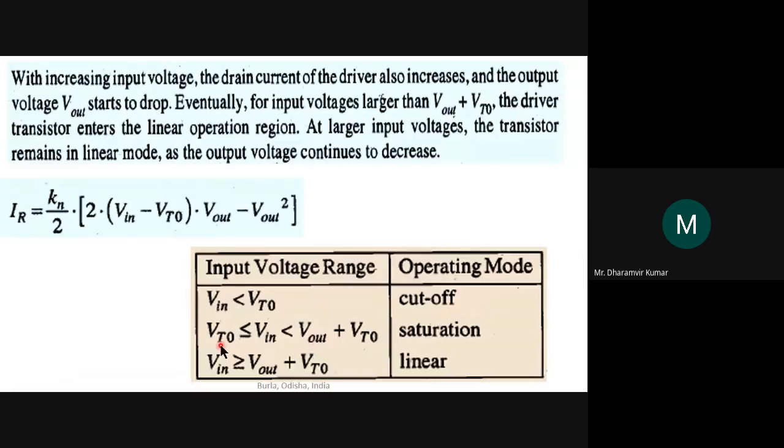When input voltage was greater than threshold voltage but smaller than this amount, it was in saturation. Or when input voltage was higher than this particular term, the same term that appears here, it enters into linear.